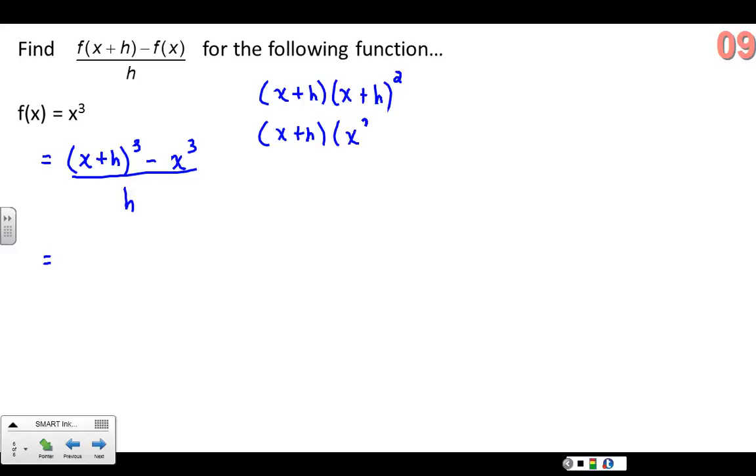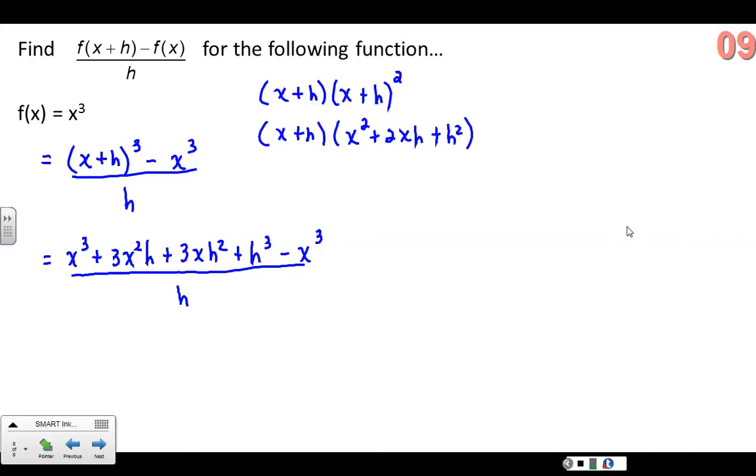So we know that this is x squared plus 2xh plus h squared. So if you remember from earlier algebra courses, to expand this, you would multiply x times everything, and then h times everything, and then combine your like terms. So this would actually give me x cubed plus 3x squared h plus 3x h squared plus h cubed, and then minus the x cubed that you have, all divided by h.